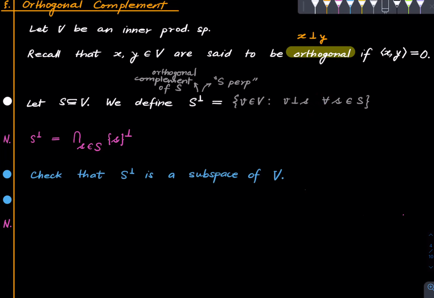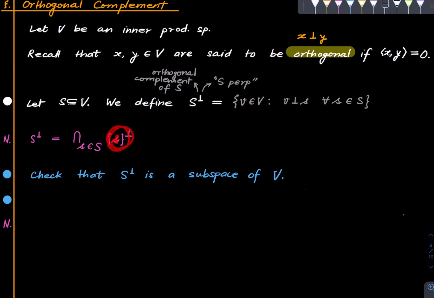And now check that this is a subspace of the vector space V. Even though S is not required to be a subspace, this is always a subspace. Let's just verify this for a singleton.